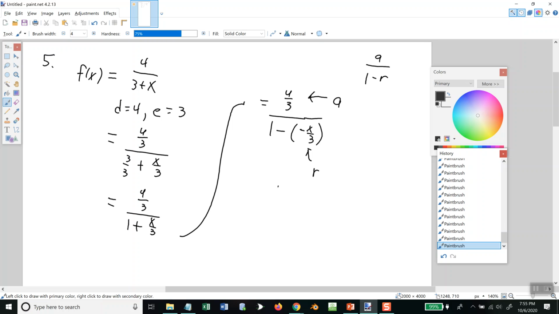And it tells us that it converges when the absolute value of negative x over 3, R, is less than 1. Now the absolute value I can just drop and put into my form. And also I can drop the negative. So I got negative 1 is less than x over 3 is less than positive 1.